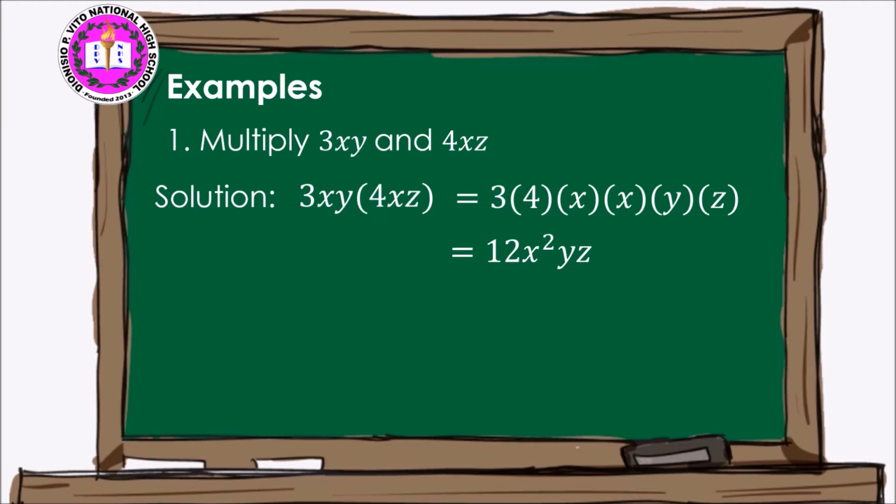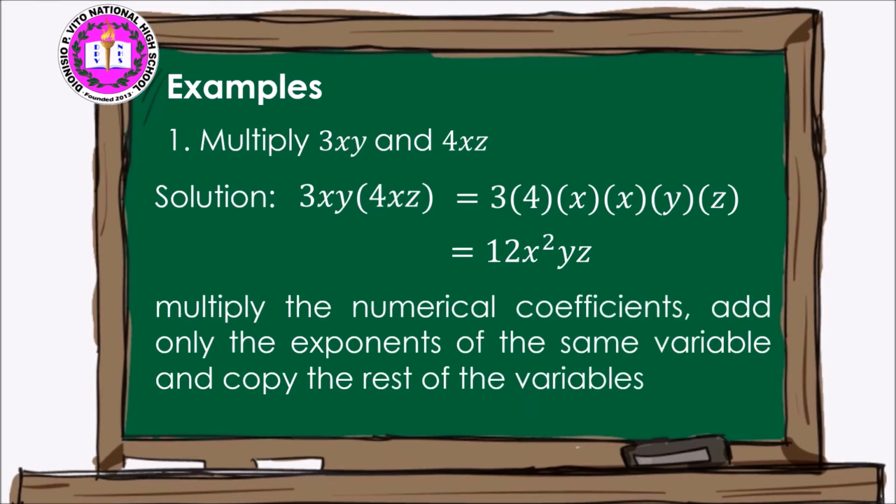Therefore, we have 12x squared yz. So, the first thing to do is to multiply the numerical coefficients, then add only the exponents of the same variable and copy the rest of the variables.